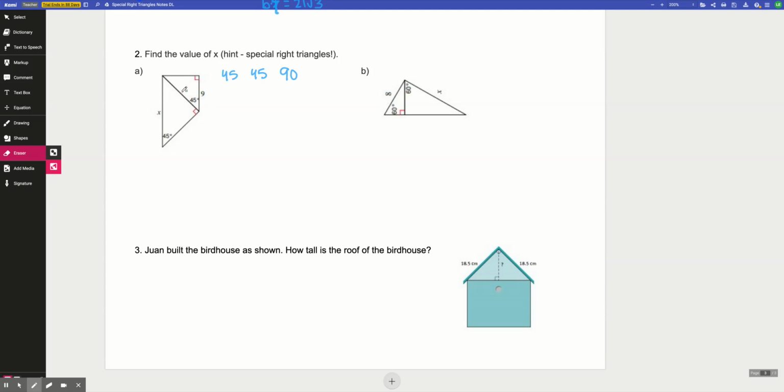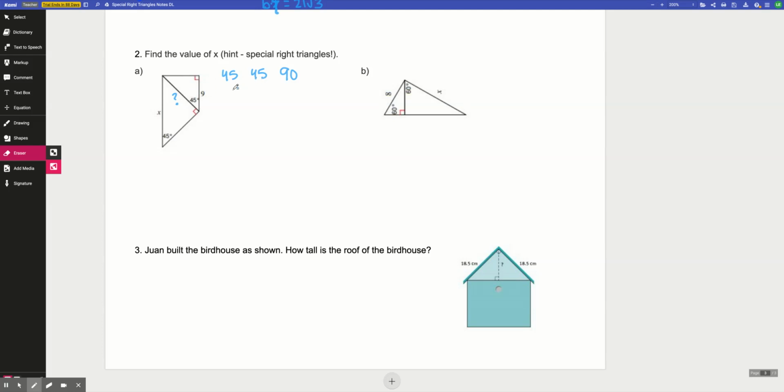What I'm going to do is put a little question mark next to this diagonal right here, because that is the leg of the bigger triangle. What we're actually trying to find is the hypotenuse of the biggest triangle. But in order to do that, I have to figure out this missing link in the middle first, and to do that, I have to use the smaller triangle.